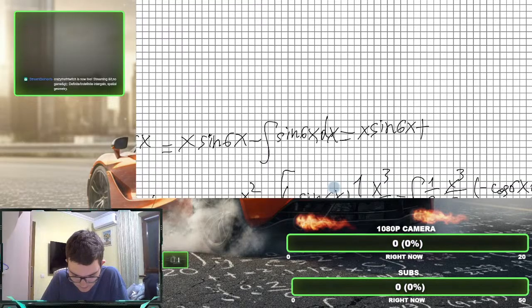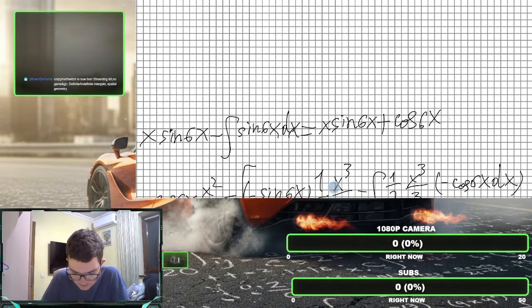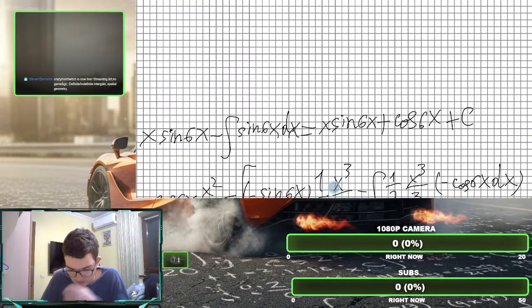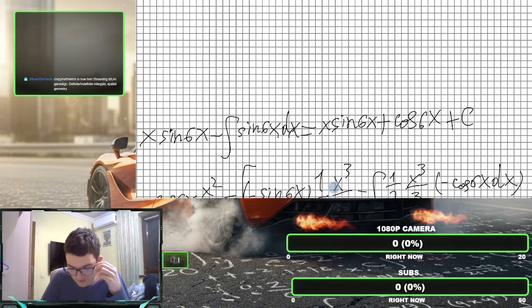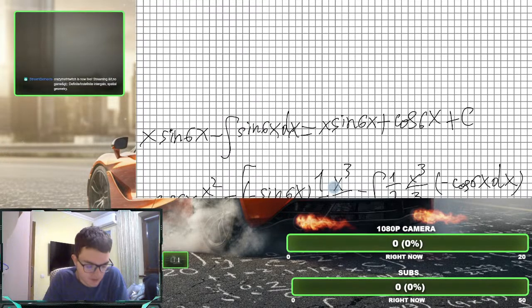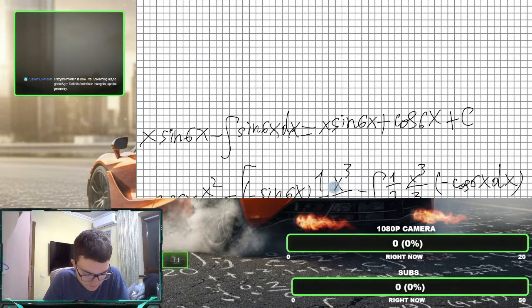So I have to change the sign, plus cos 6x plus c, and I don't know if it's still the end. Perhaps this is the end. I don't really know. Maybe it just stays like this. Let me see.